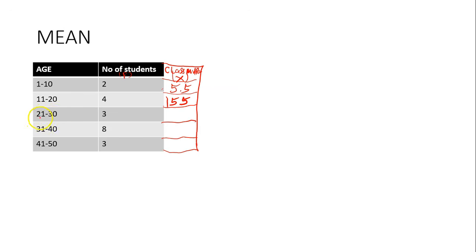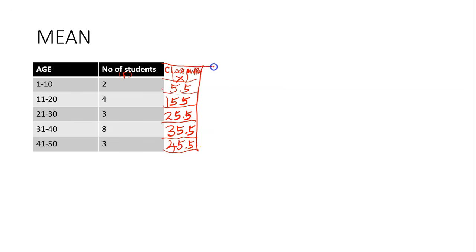Then the next one, 21 plus 30 gives you 51. Divided by 2, you should get 25.5. 31 plus 40 is 71. Divided by 2, you should get 35.5. 41 plus 50 is 91. Divided by 2, you should get 45.5.